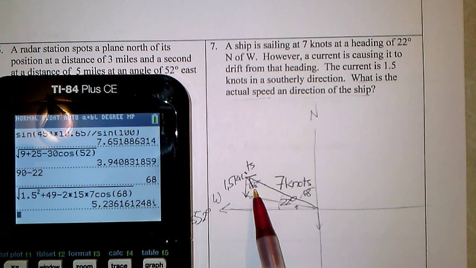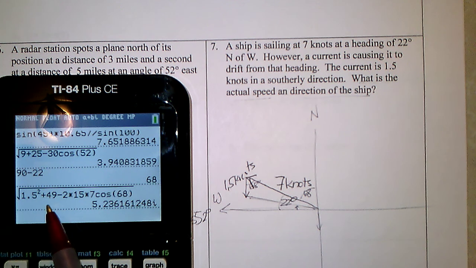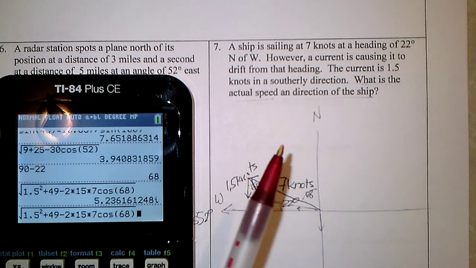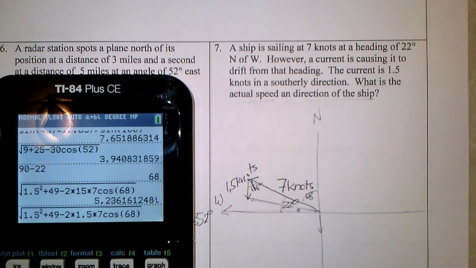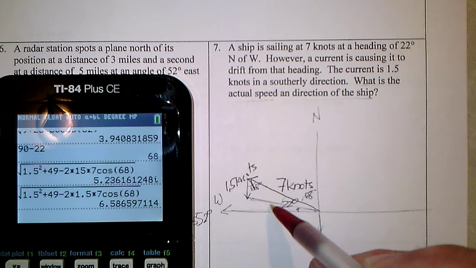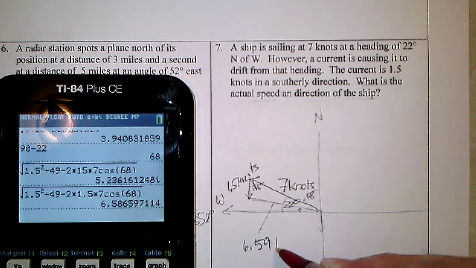And I put something in incorrectly because that's not the right answer. Let's see here. 1.5 squared plus 49, that's 7 squared, minus 2 times 1.5, not 15. There's the problem. Okay, and enter, and we get the actual speed is 6.59 knots.